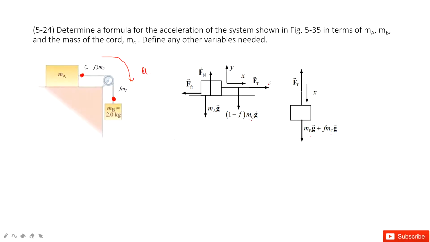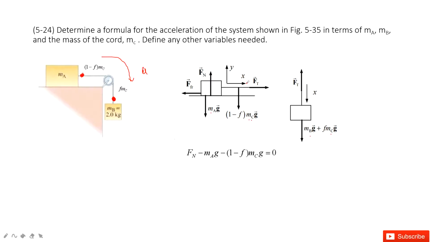So on this side, we have the tension F_T minus the friction, and on this side, we have the gravity of B plus the fraction of C minus the tension, both giving the acceleration. Then we can write Newton's second law to solve this. First, we write equations for A. In the y component, we have the normal force minus the gravity equals 0.